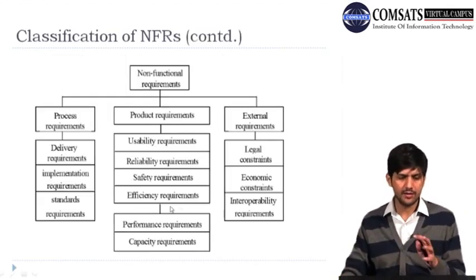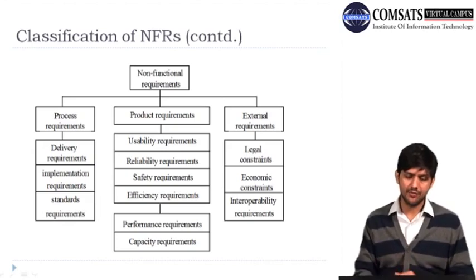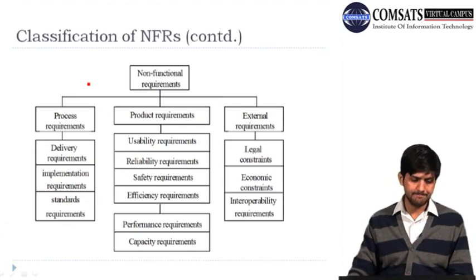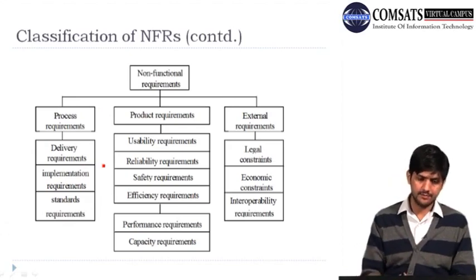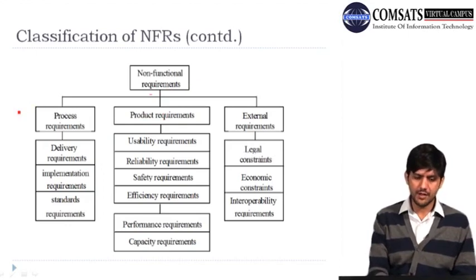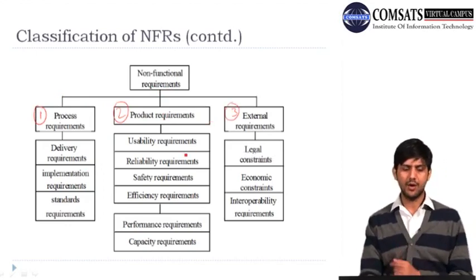So let's have a look at how we classify different kinds of non-functional requirements. If you see this particular hierarchical graph, you can see in this hierarchy that non-functional requirements can be classified into three classes. We have process requirements, product requirements, and then external requirements.